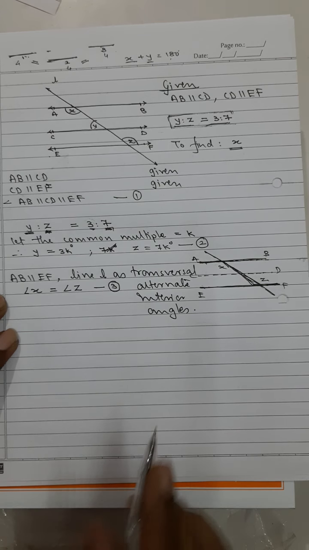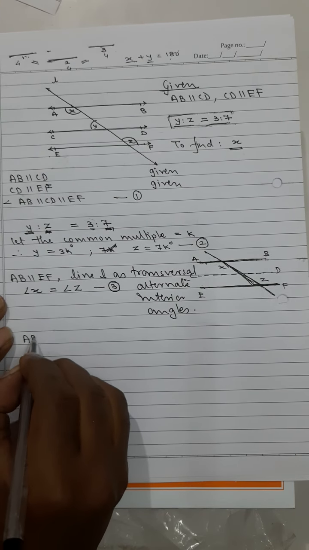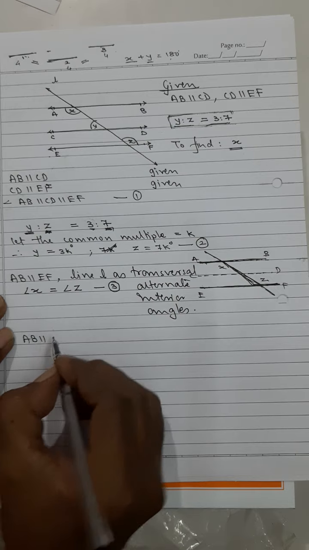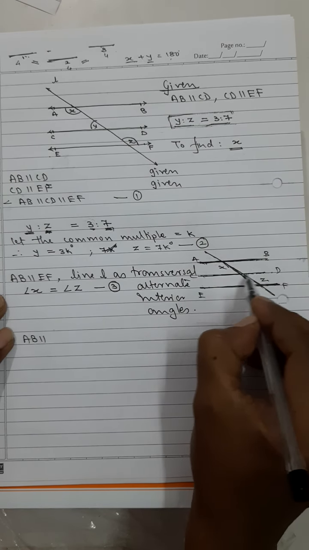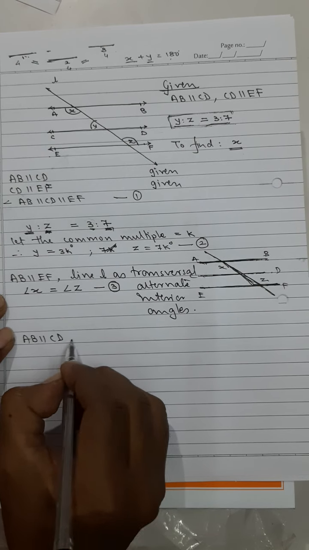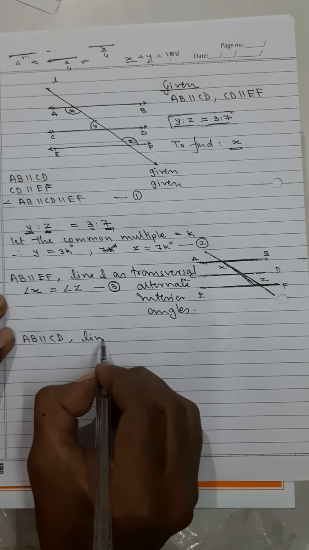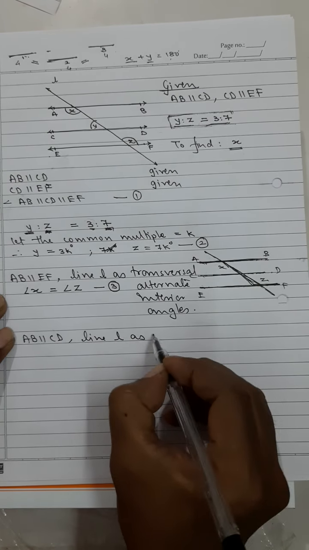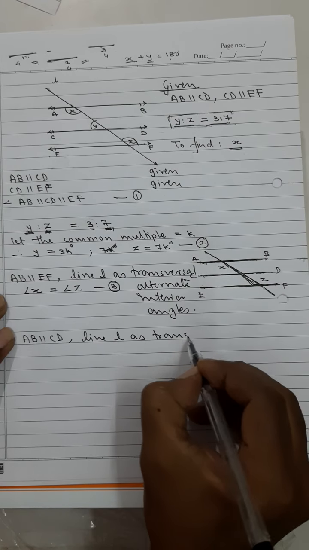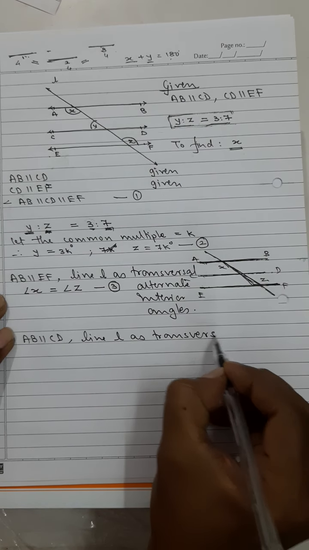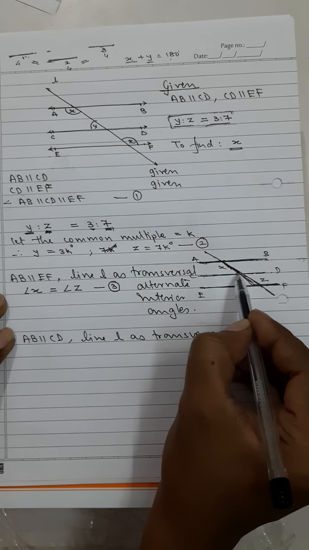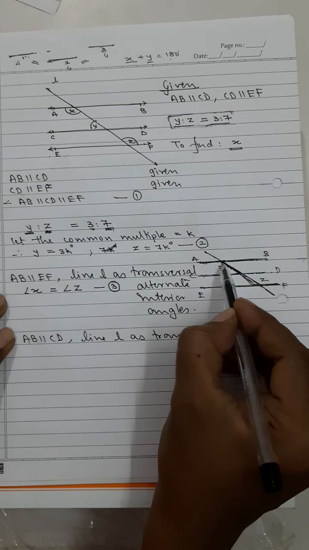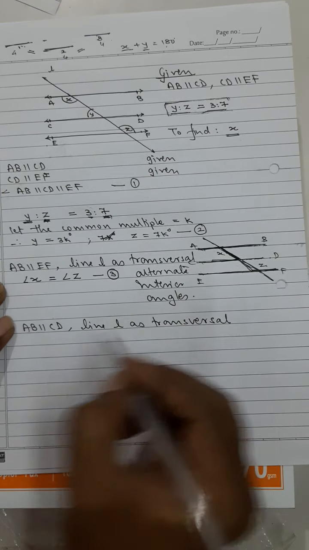Now again I will go AB parallel to CD. Now AB parallel to CD and line L as transversal. Have the habit of writing this in detail. Now what happens? These are now forming angle X and angle Y are forming interior angles.